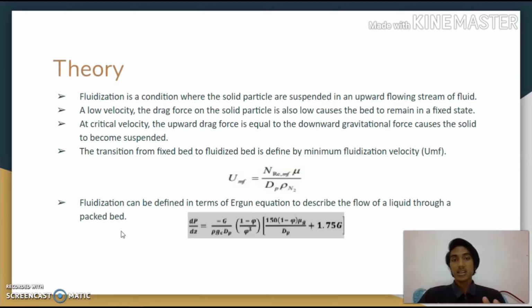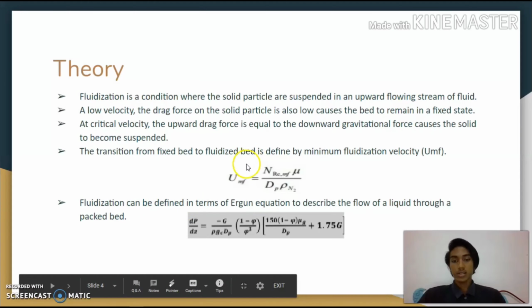At a certain critical velocity of the upward flowing stream, the upward drag force is equal to the downward gravitational force, causing the solids to become suspended in a fluidized state. The transition from fixed bed to fluidized bed is defined by the minimum fluidization velocity, UMF.